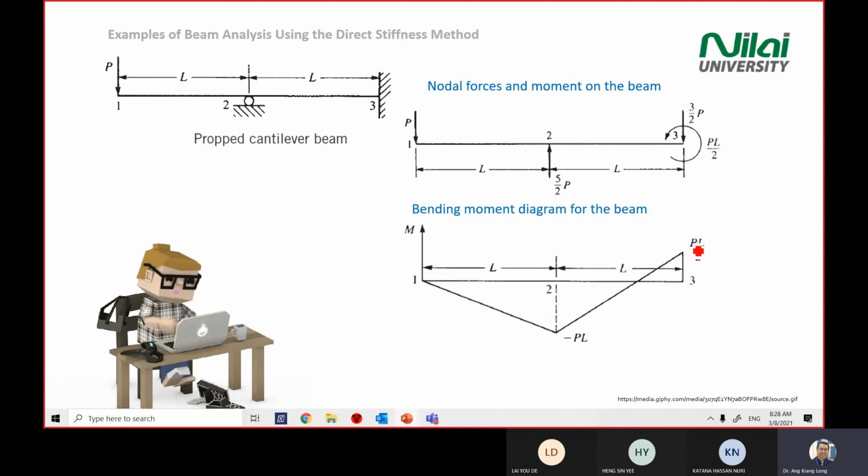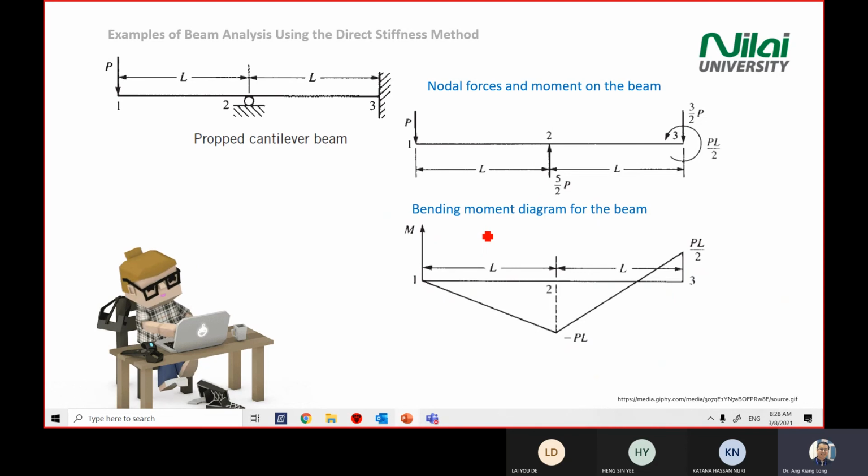So in this case, at point 3, you arrive at PL divided by 2. Again, bending moment you already learned in your static and dynamic module, so I won't go deep to explain. We assume you already know how to do this one.